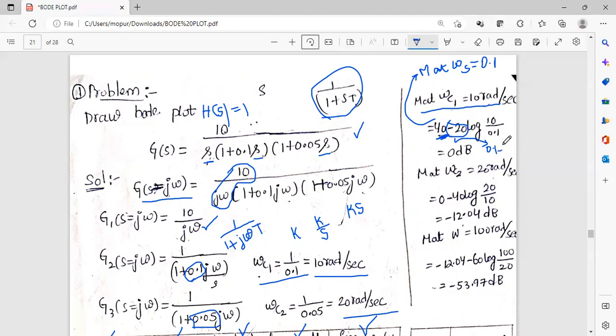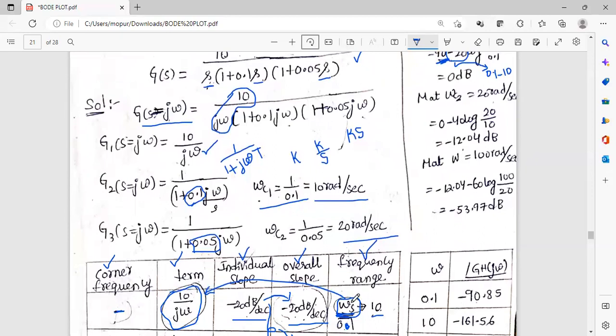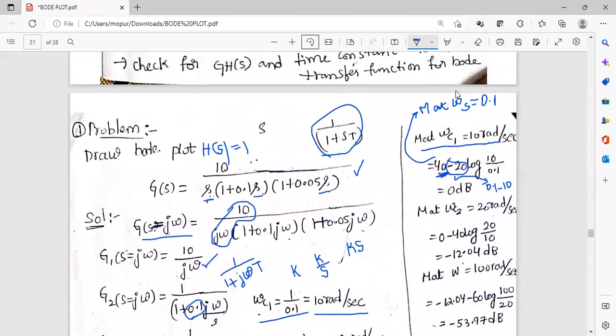It is minus 20. So first write the previous magnitude in decibels at the previous corner frequency.